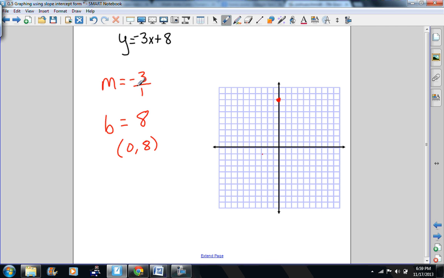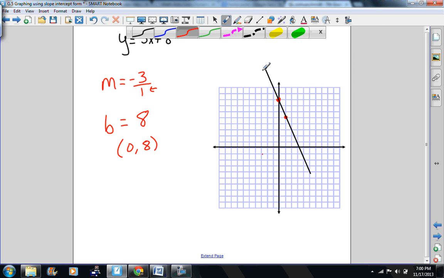I'm going to rise a -3, 1, 2, 3, and I'm going to go over 1. Now, if you got a straight line up and down, that means you forgot to put in the 1 underneath it. You always got to make them fractions. So if you did a straight up and down line and it didn't end up like this one, that means you forgot to put a 1 underneath that 3.